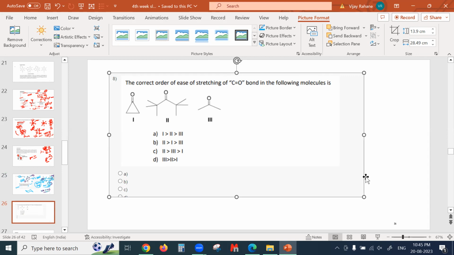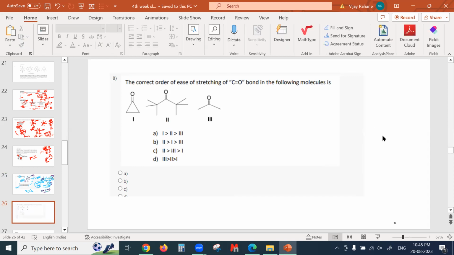The question is the correct order of increasing C=O stretching frequency of the following molecules. Which frequency are they talking about? The C=O stretching bond. How easily we can stretch the C=O bond in the following molecules.